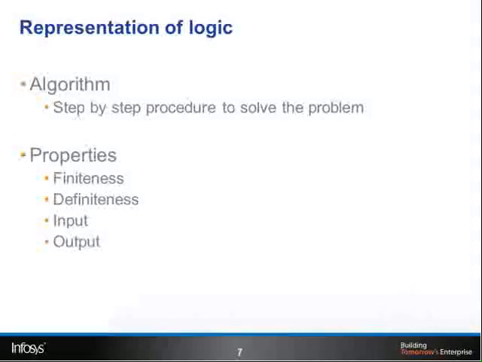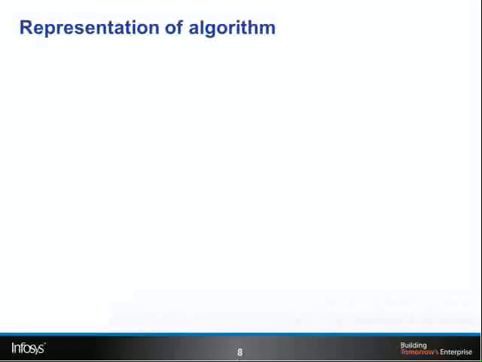It must have one or more outputs. It must be effective, that is, operations must all be sufficiently basic. Algorithm can be depicted diagrammatically using flowcharts or in natural language using pseudocode. More details on algorithm will be discussed in other videos.